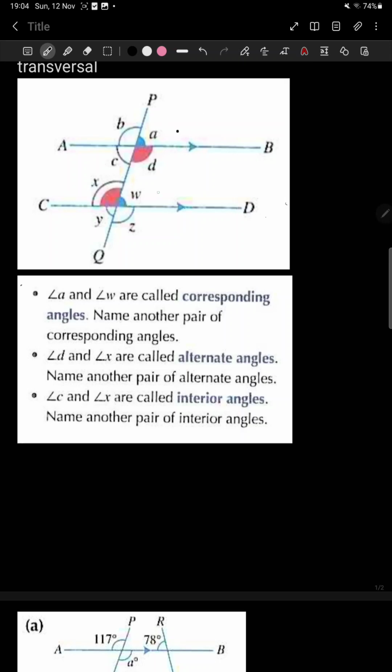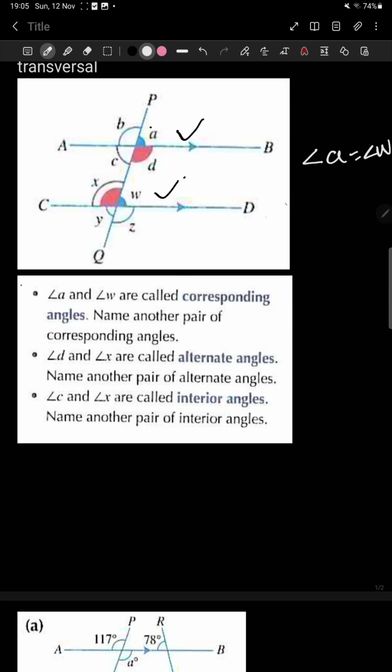Angle A and angle W are called corresponding angles, and they must be equal to each other. So angle A equals angle W, and the reason is they are corresponding angles.